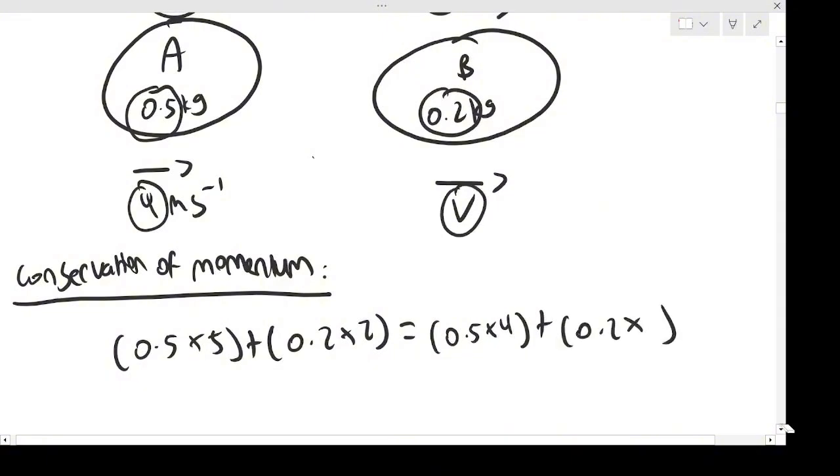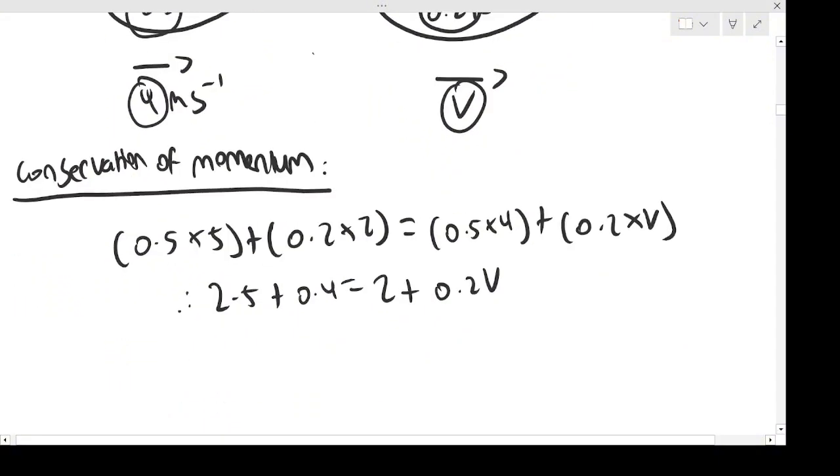Then I just need to simplify this. So 0.5 times 5 is 2.5, 0.2 times 2 is 0.4. Then that equals 0.5 times 4, which is 2, and then 0.2 lots of V. Then I can just solve this for V. So I get 0.2 V, add 2 to be 2.9.